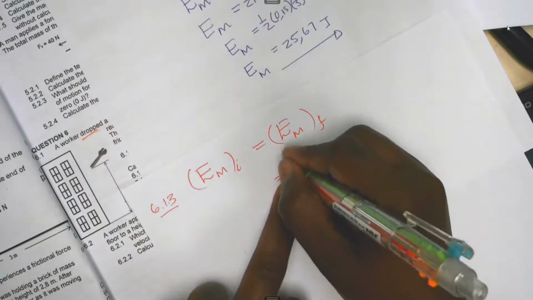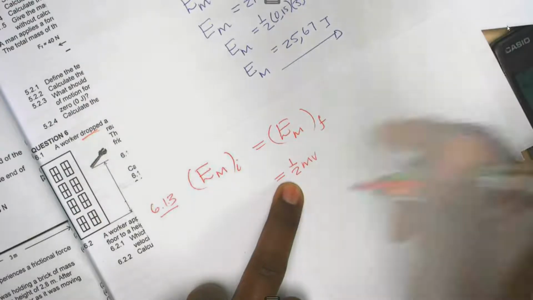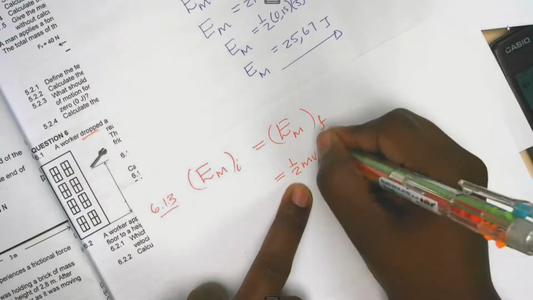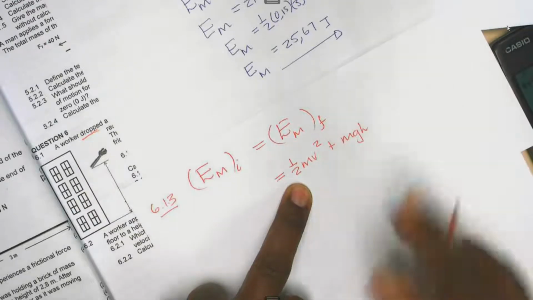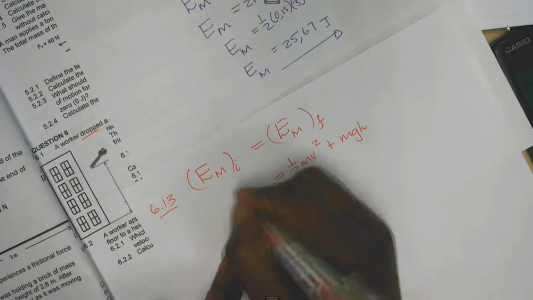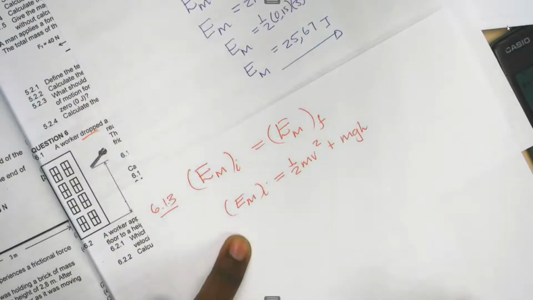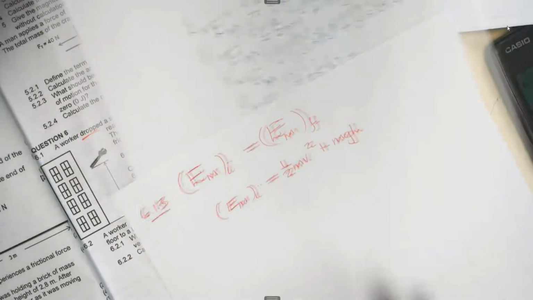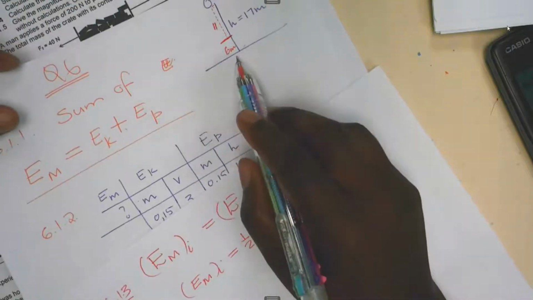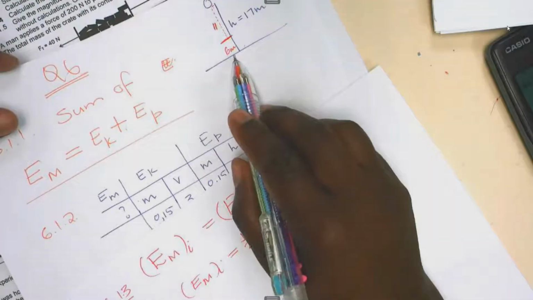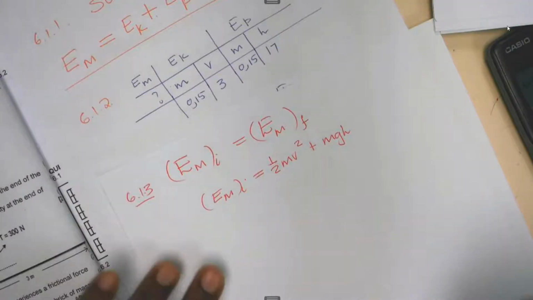So the mechanical energy final will be the sum of the kinetic energy plus the gravitational potential energy. And we already have this one. So when we substitute, I already showed you that the height here is 6, and we want to know the velocity. The mass of the object has not changed.